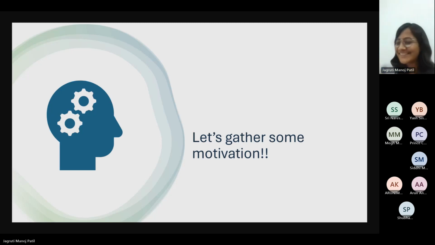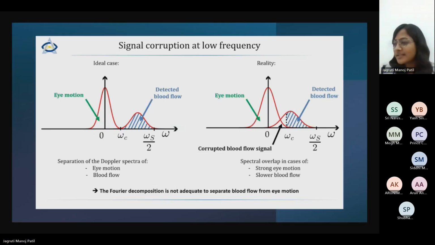Okay, it's fine. So just to give you a basic motivation for today's class. There's a technique called ultrasound Doppler imaging. I'd like to know if all of you know what Doppler is, or have a basic understanding of how, if something is coming close to us or going away from us, the frequency changes, whether it increases or decreases, and how motion causes the change in frequency.